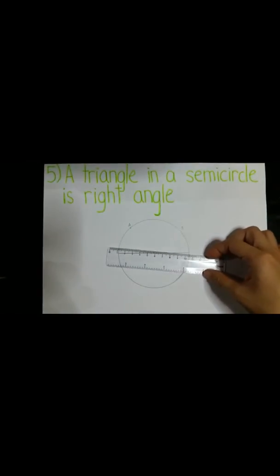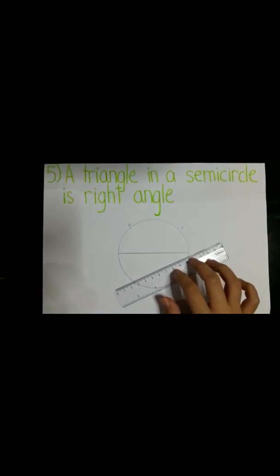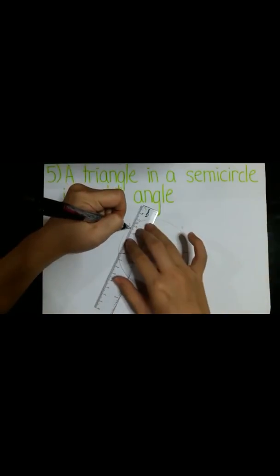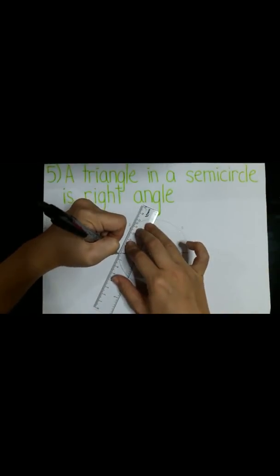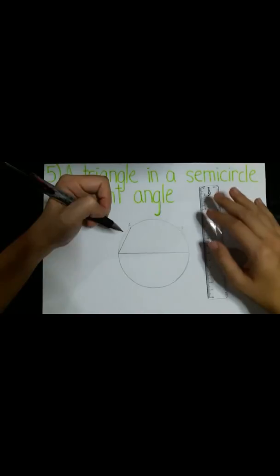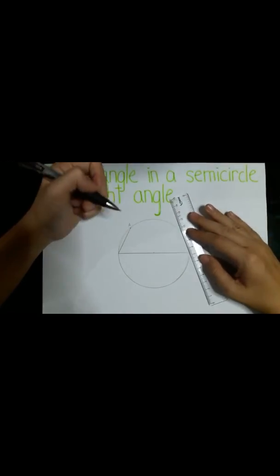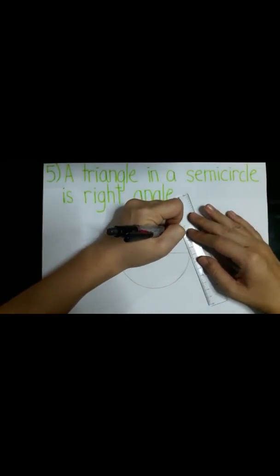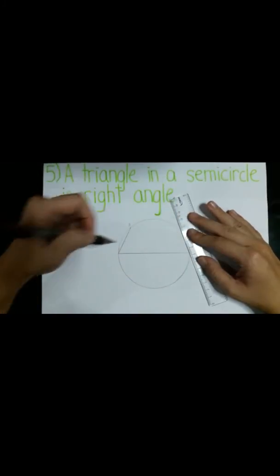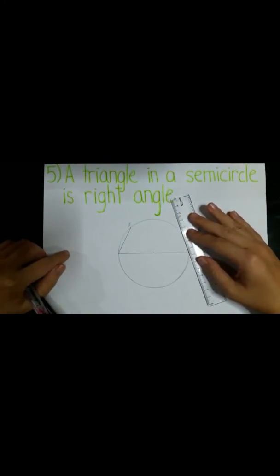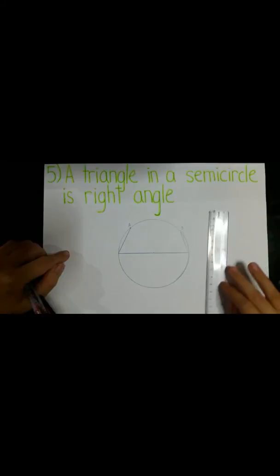Now, I'm connecting point A to the line, point B to the line, and now I'm going to connect the opposites to form the right angle.